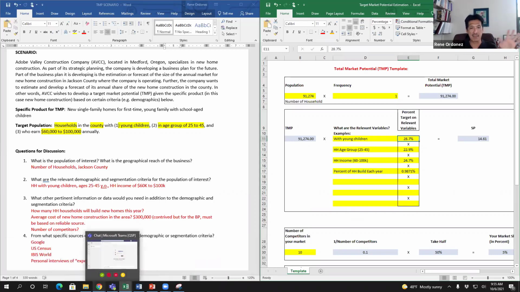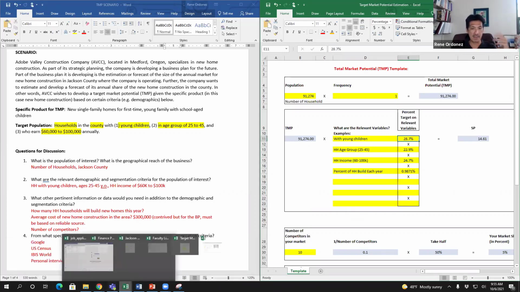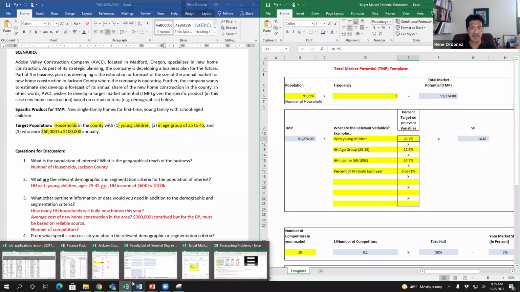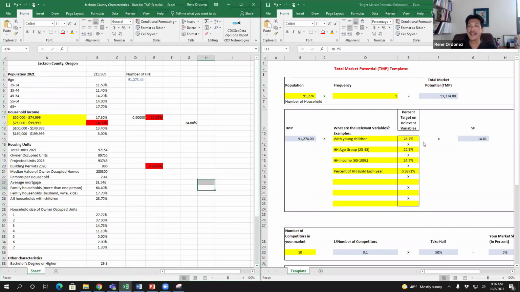We're targeting families, startup families. So how would we adjust this to still be true to our definition of our target market? Maybe change to the family households.